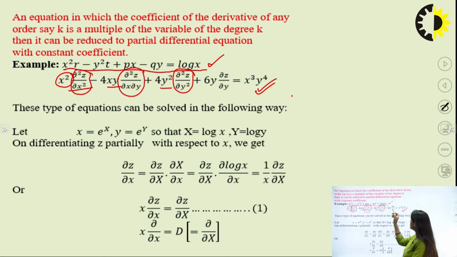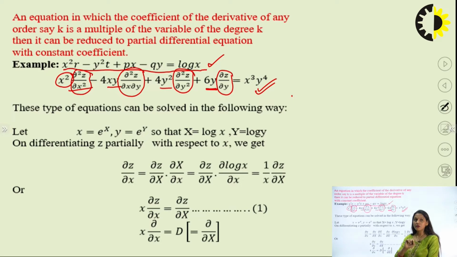And now see the fourth term, here we have the derivative of z with respect to y, and it is only a first order derivative. That is why the coefficient here is a multiple of only y, not y square.